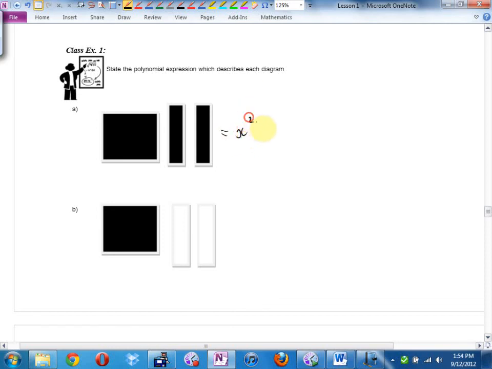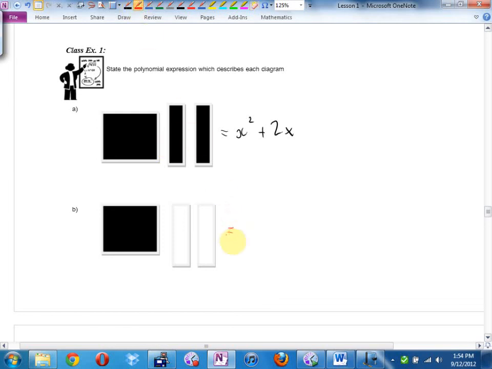Brody, say it louder. X squared. And 2 x's. That's what it looks like. Now, this isn't quite right. Technically, this and this should be the same height because they're both x long, but the graphics was not cooperating with me when I was making these on my word processor.